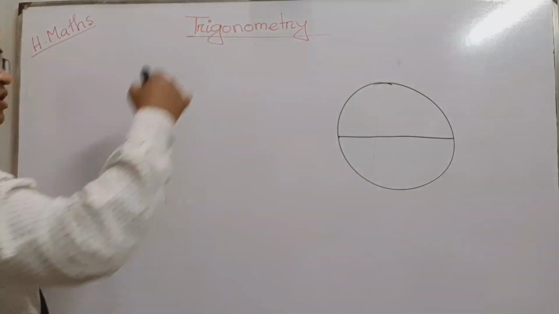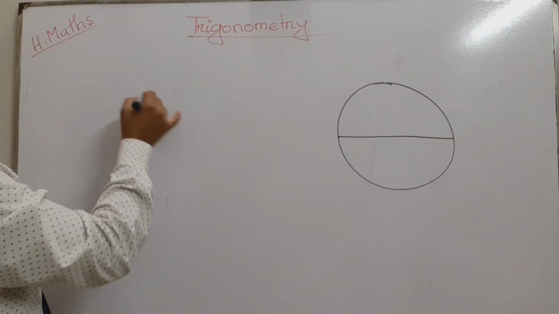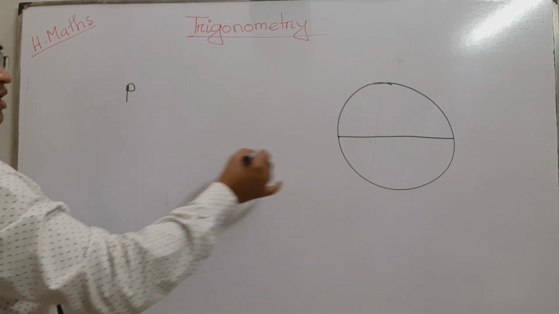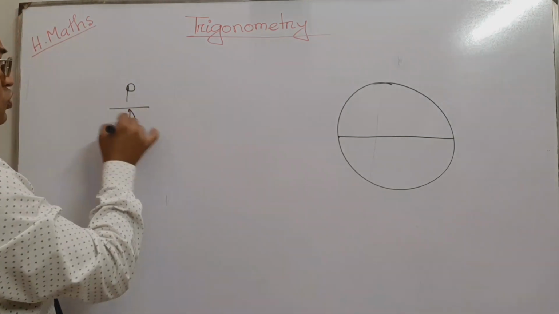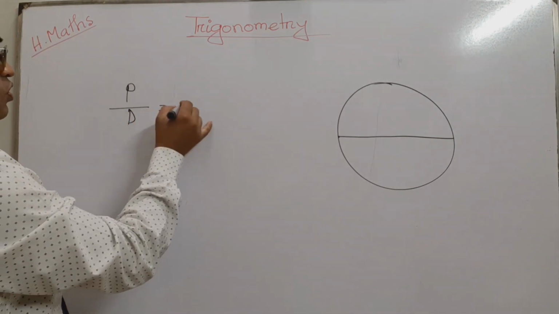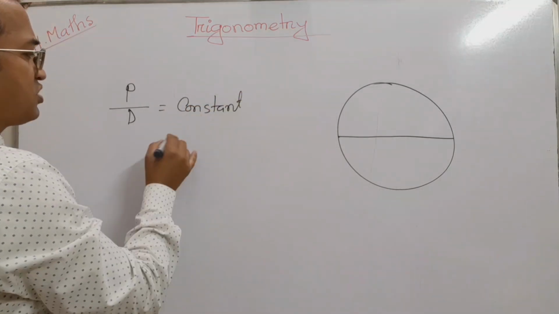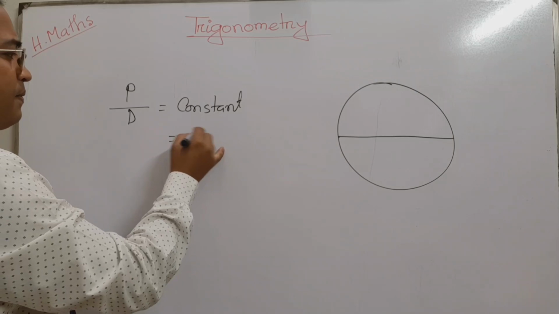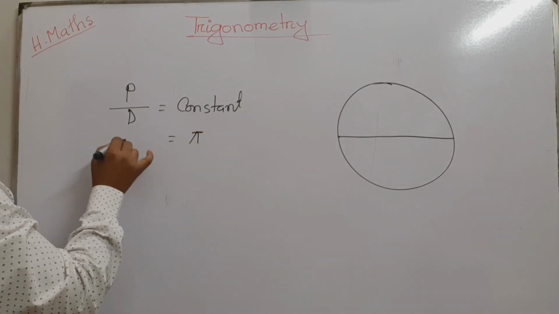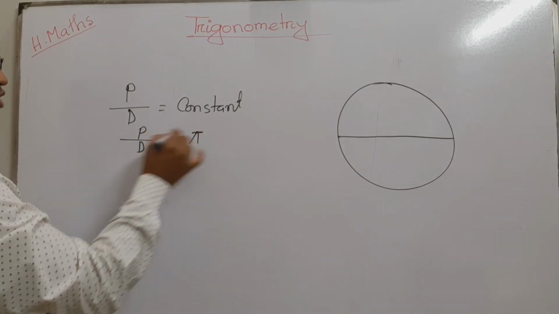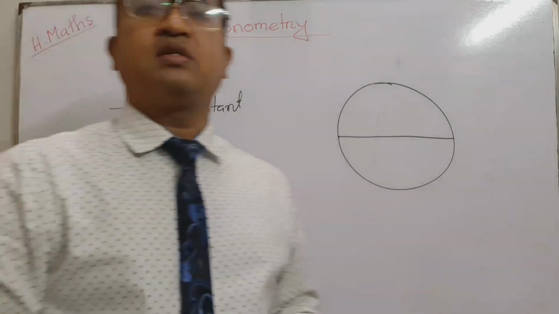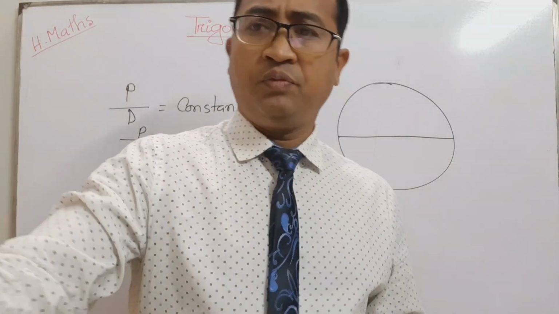Say the circumference is P and the diameter is D, so P by D is always constant. And this constant value is known as pi. So P by D is equal to pi.